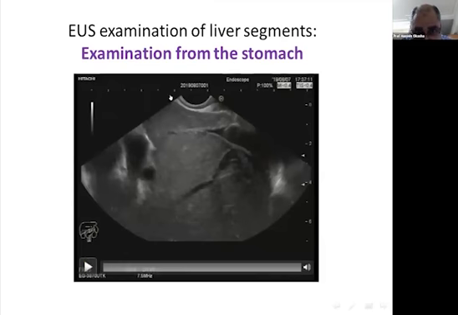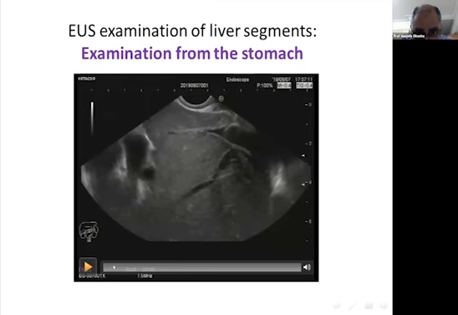Segment 1, between the echo endoscope and the inferior vena cava, is the caudate lobe, and this is segment 8, and this is part of segment 7. So at the level of the right hepatic vein and the inferior vena cava, we can see the caudate lobe, segment 1, segment 8, 7.